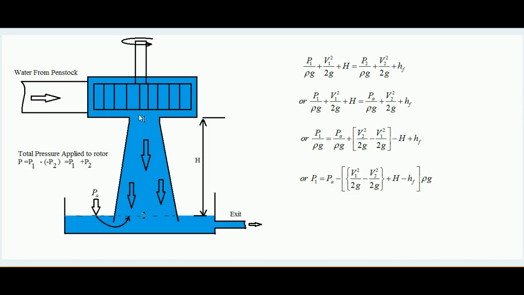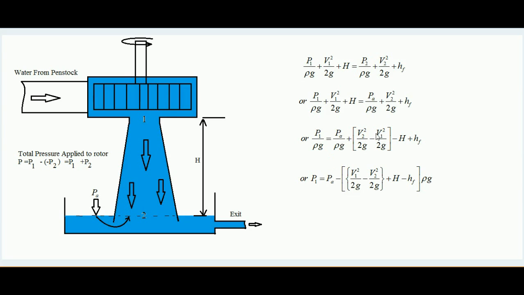Okay, in this runner at point 1 the velocity is V1. Whatever the exit velocity is, that is a constant. Now the height of the draft tube is also constant, that is capital H. Pa is the atmospheric pressure, that is also constant, we know that it doesn't change.